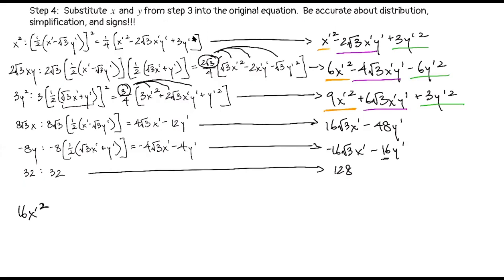All right, what else do we have? We have 16 root 3 x prime and a negative 16 root 3 x prime, so those cancel. I have a negative 48 y prime and a negative 16 y prime. So that's going to give me, what does that give me, 64?